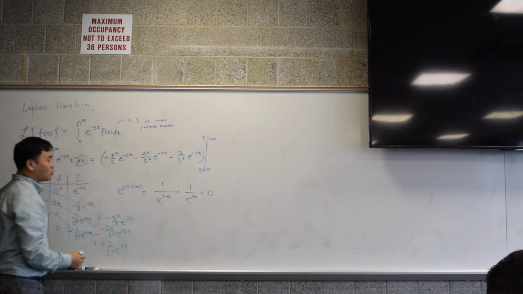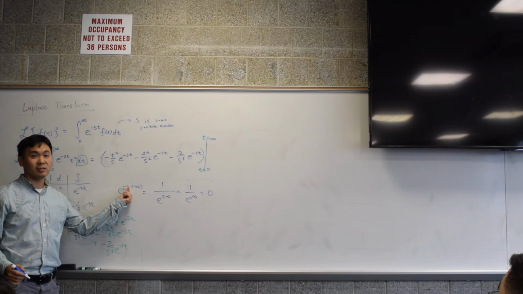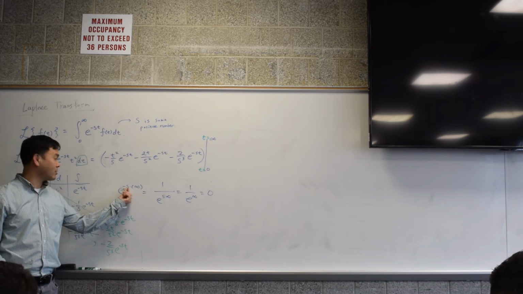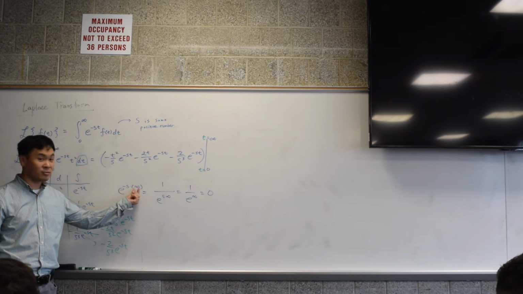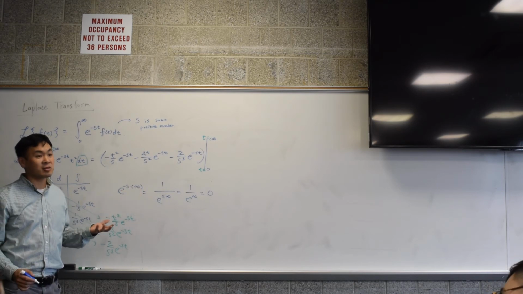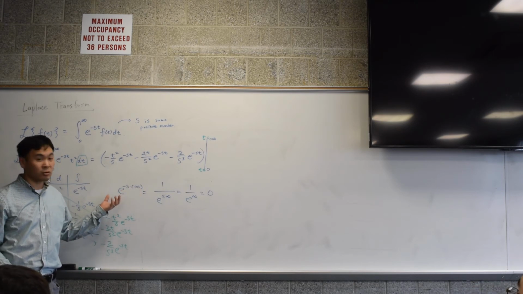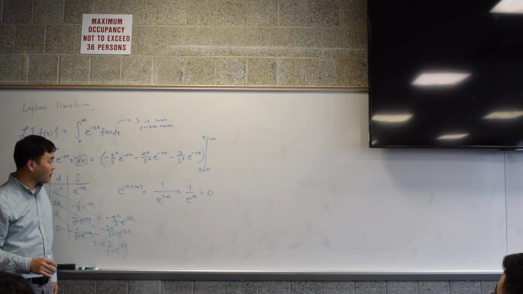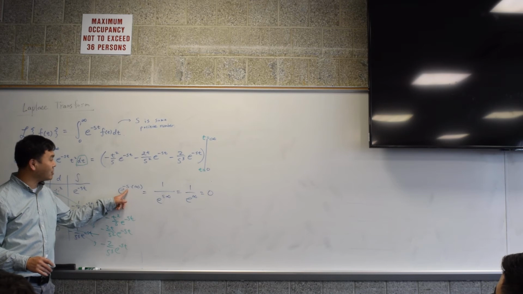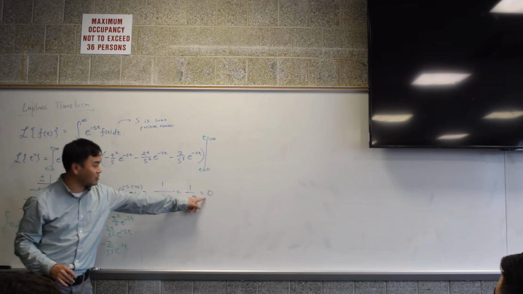What if s is negative? Then you can't say that. If s is negative, negative times negative is positive, and you get a positive times infinity, which is infinity. So e to the infinity is infinity. If s is positive, then it becomes something nice, it's 0.